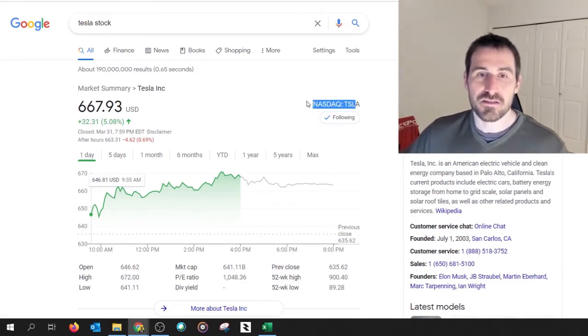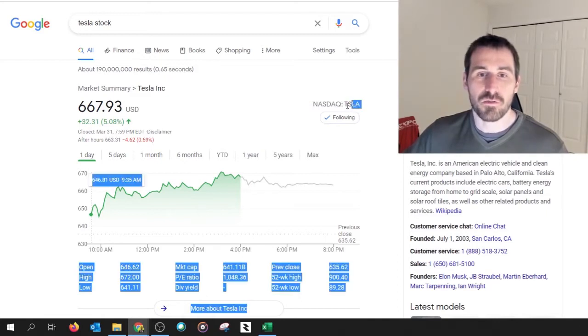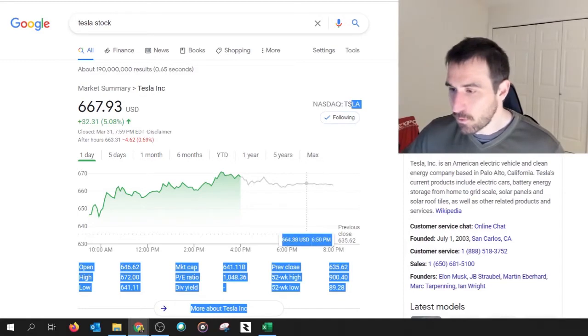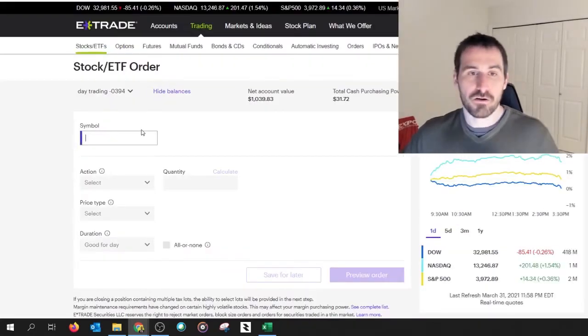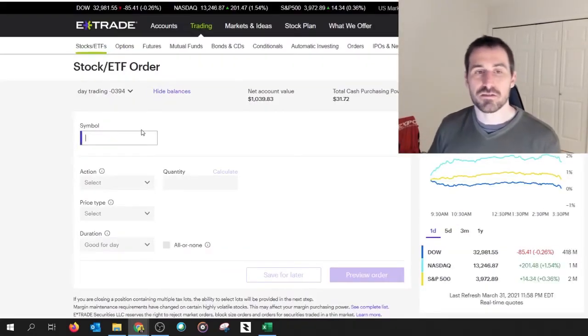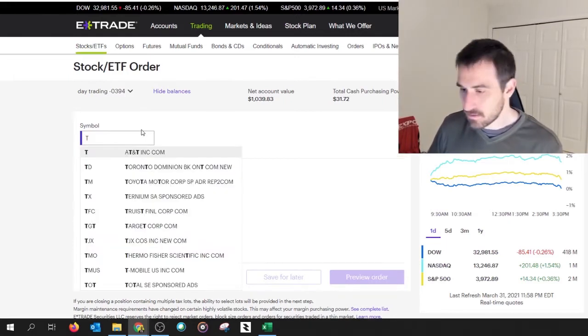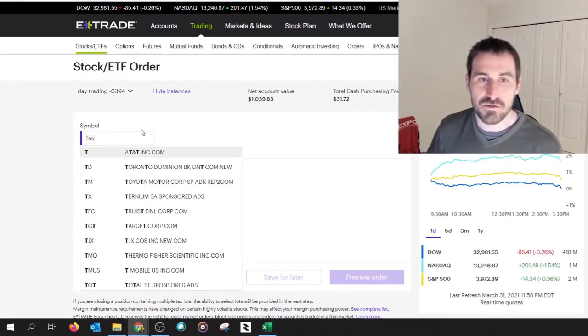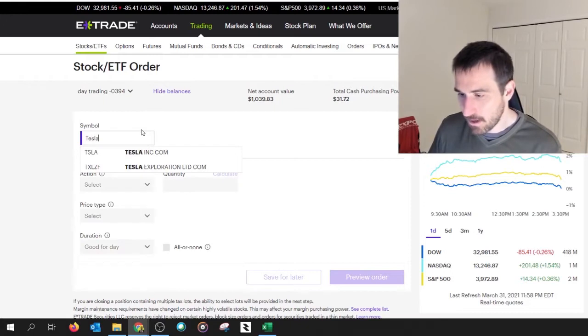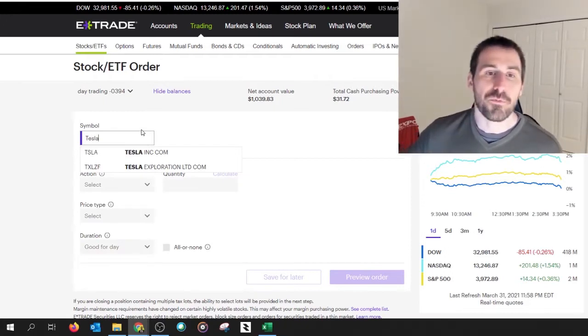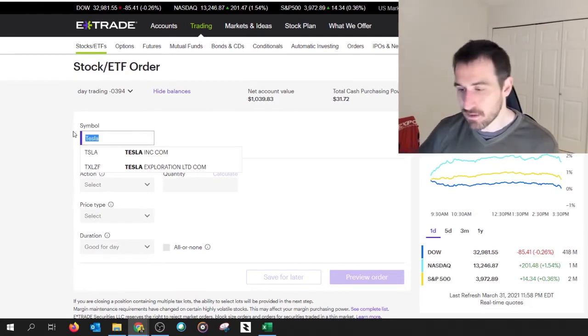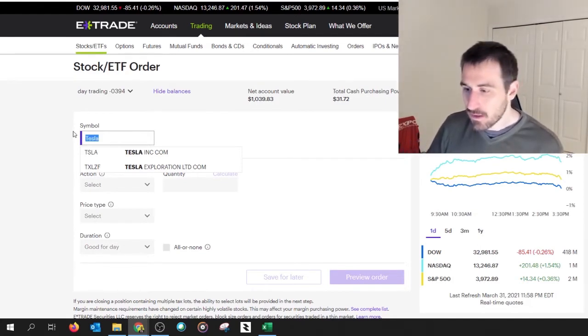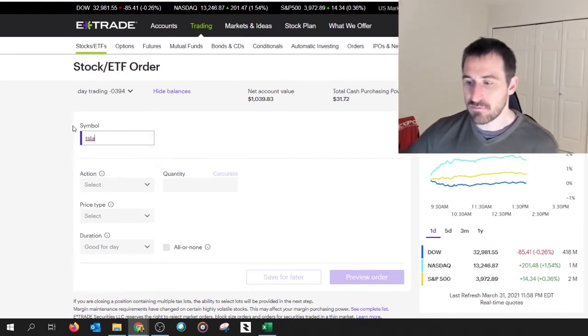NASDAQ is the exchange it's traded on, but what you care about is these four letters right here, TSLA. If we go back to our ETRADE, we can just type Tesla. Say you didn't even know the symbol, you can just spell it out, and the program's smart enough to realize this person wants to buy Tesla. But if you also wanted to enter the symbol, which is TSLA, that'd be fine too, and you'd be able to activate it.